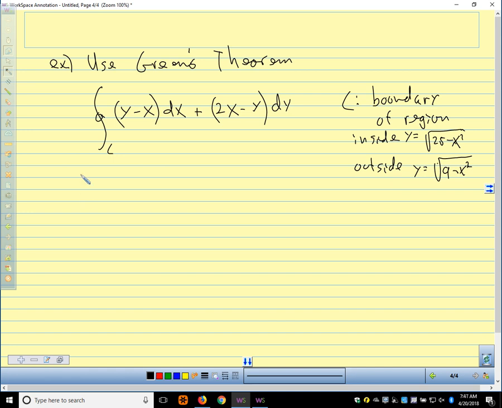So let's draw this region. We're outside y equals the square root of 9 minus x squared, so we're outside this circle. There's that one. And we're inside y equals the square root of 25 minus x squared. So our region is in here, and our boundary is this curve.